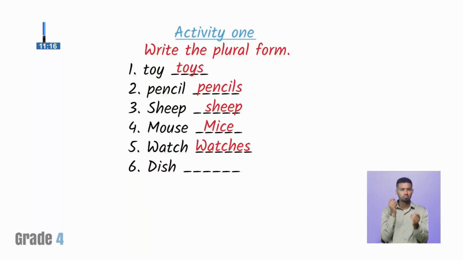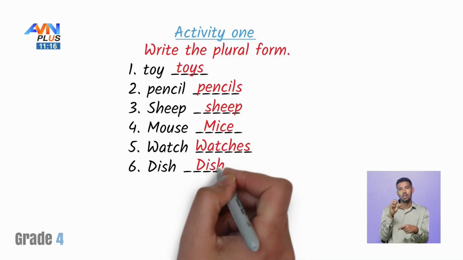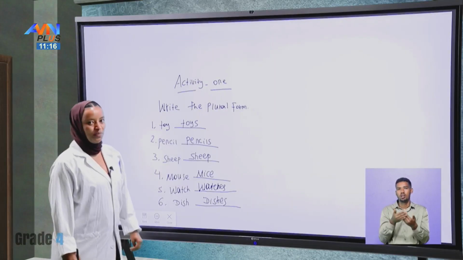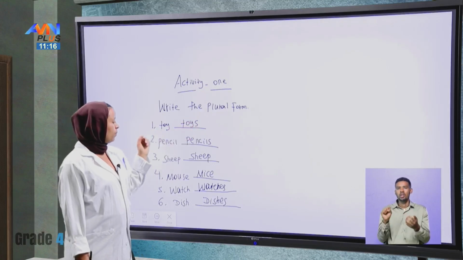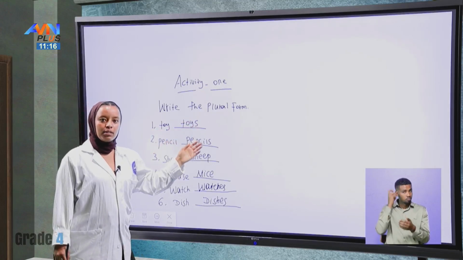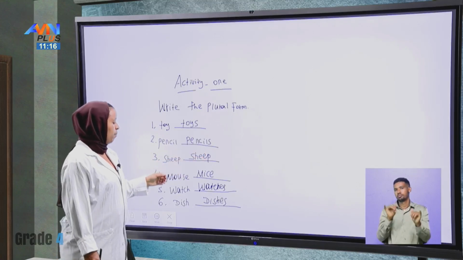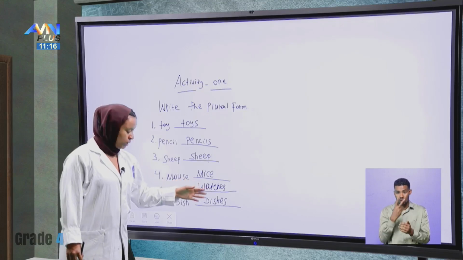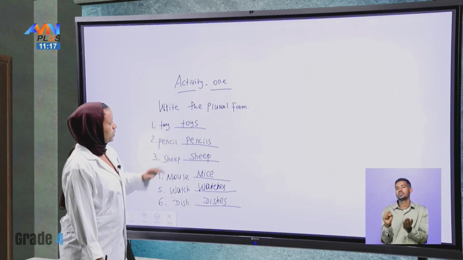It ends with SH, so add ES. Dish, dishes. Let me read once. Toy, toys. Pencil, pencils. Sheep, sheep. Mouse, mice. Watch, watches. Dish, dishes. This is the first activity.